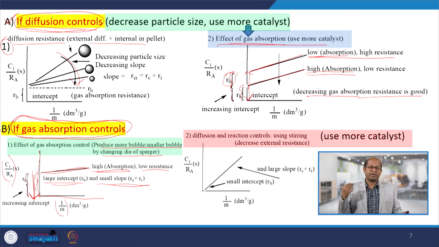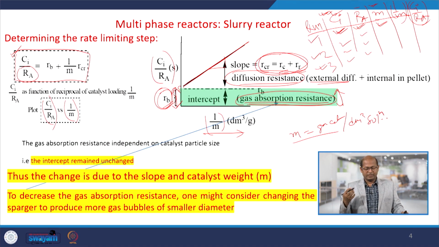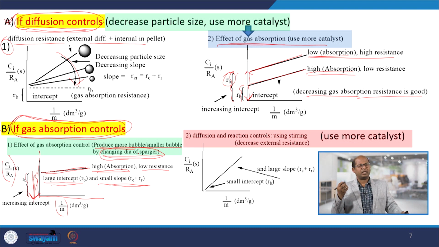At the beginning we discussed that here is the sparger, gas enters here, and gas bubble formation takes place. So what we have to do is reduce the sparger diameter, and then we can change the gas bubble diameter. If the sparger diameter is reduced, then the gas bubble diameter will decrease.